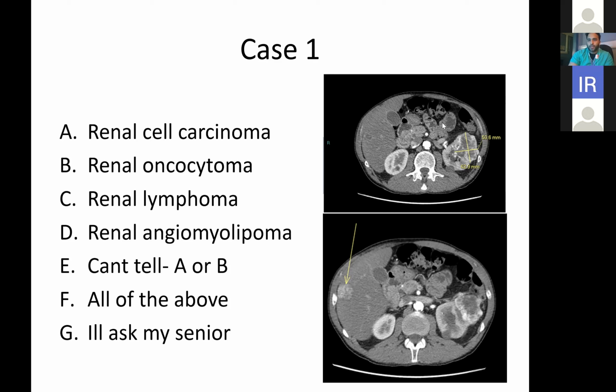So it looks like quite an aggressive-appearing lesion with local infiltration and with a suspicious lesion in the liver. So far a lot of you are going for A. There's no wrong answer, you're not going to get in trouble for getting the wrong answer here. So just say what you think.